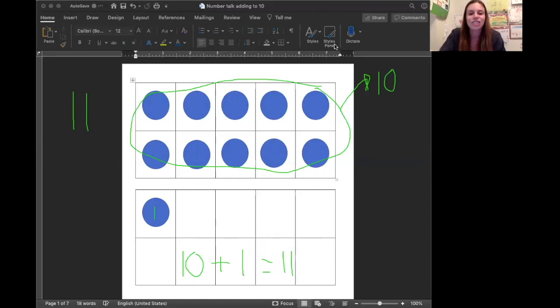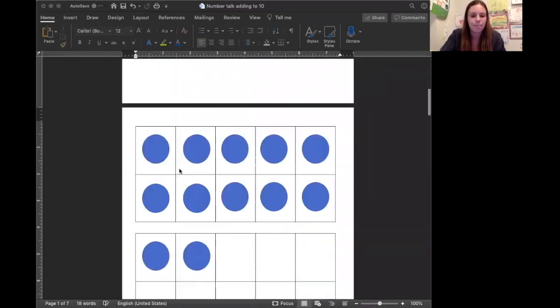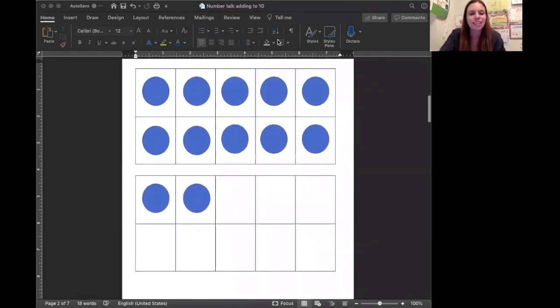All right, let's try and use our knowledge of tens frames to try another one. How many dots are there? How do you know? You can say, my answer is, I know because.